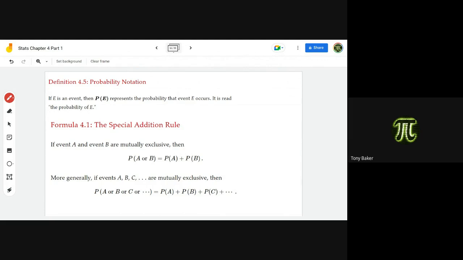All right. So if we're looking at a coin, are heads and tails mutually exclusive events? Yes, you can never get heads and tails at the same time. So that's how you get 1/2 plus 1/2 is 1. Okay. So that's if they're mutually exclusive.